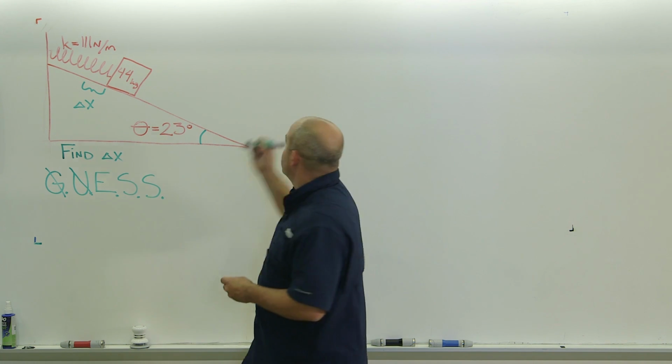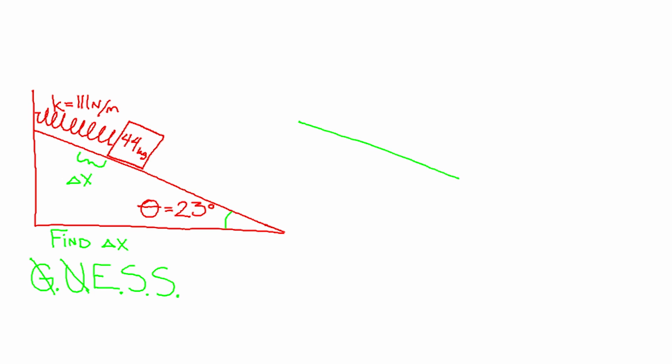So I would draw it like this. Just a simplified version of the diagram. There's my ramp. There's the block. The first force I would label would be the weight. And the normal force.